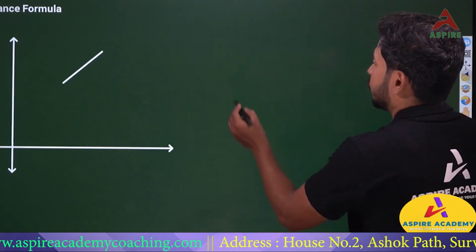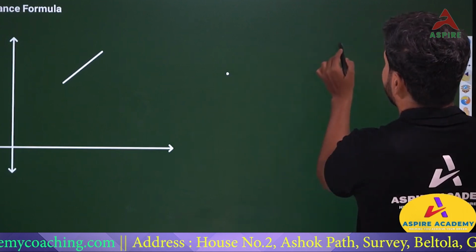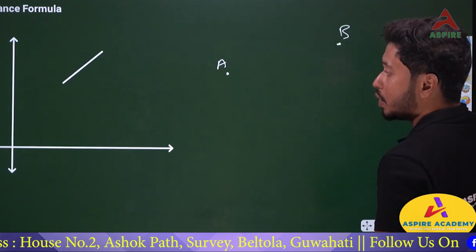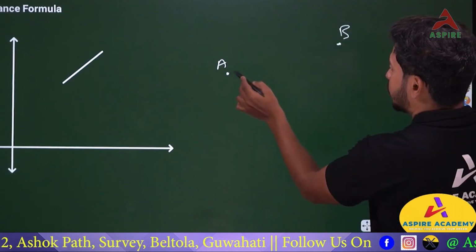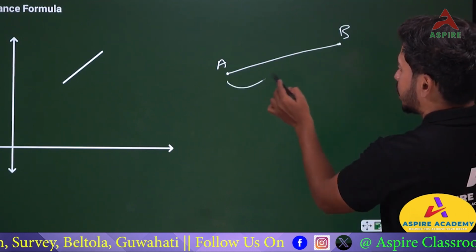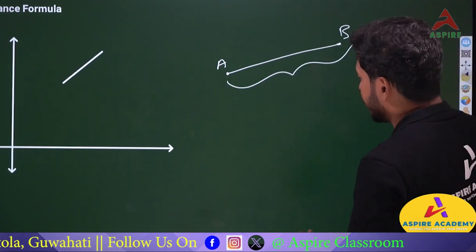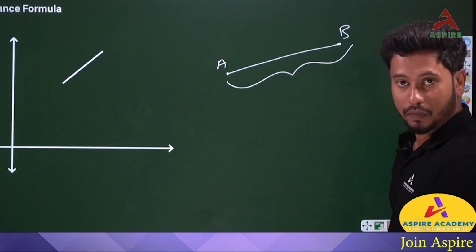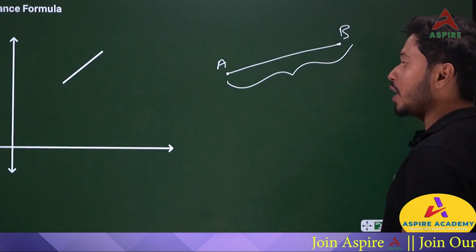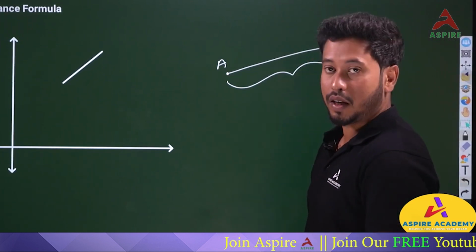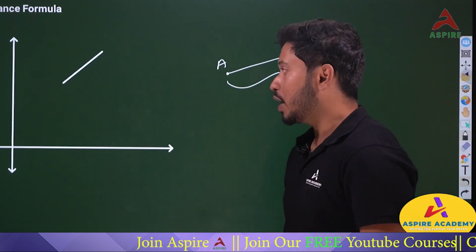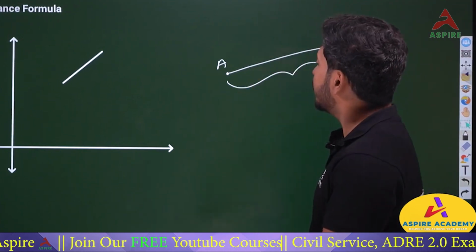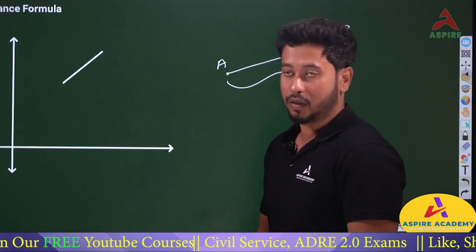Suppose this is a point A and this is a point B. If we want to measure the distance between these 2 points, or the length of AB, then we can apply a formula, and by this formula we can easily measure the distance of AB, or the length of AB.